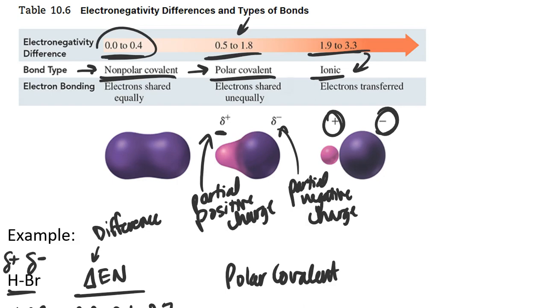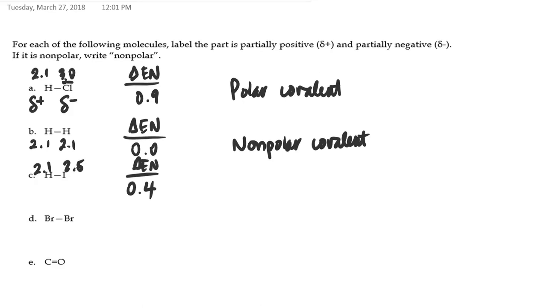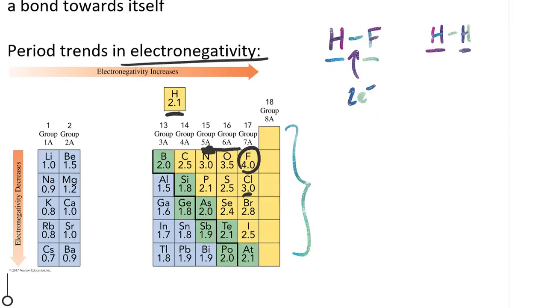And 0.4 would actually be right on the limit of what we consider to be nonpolar covalent. So here's an example where the electronegativity difference is so small that we wouldn't necessarily consider this to be a polar covalent bond.